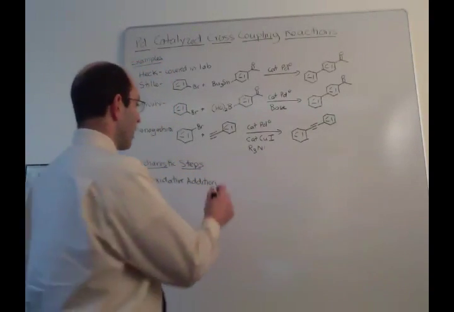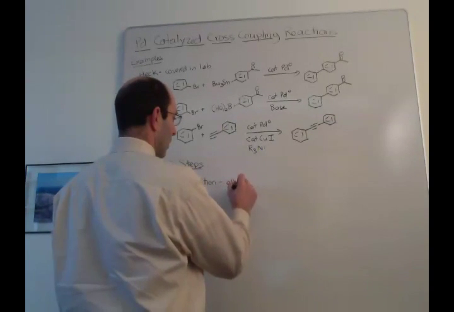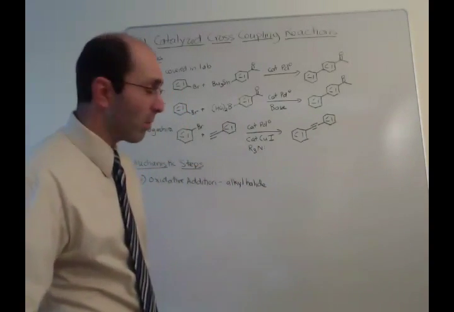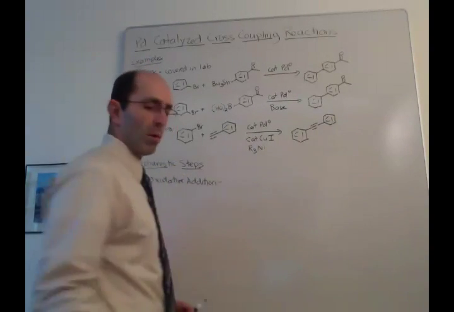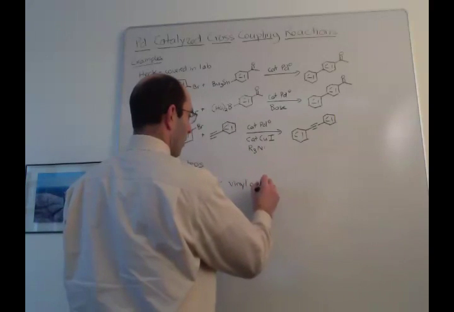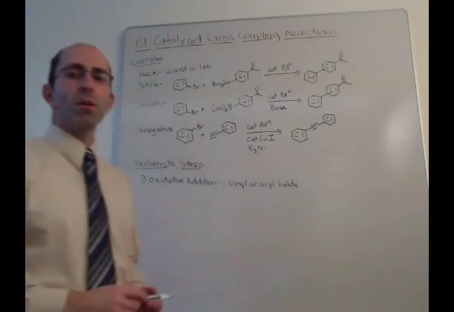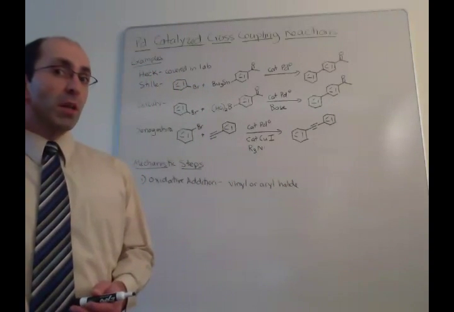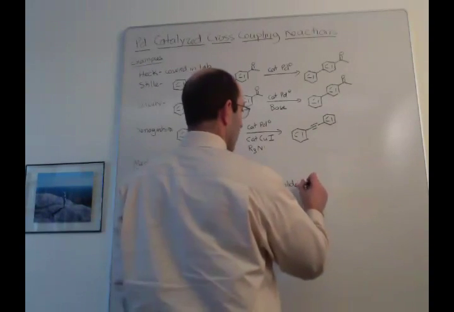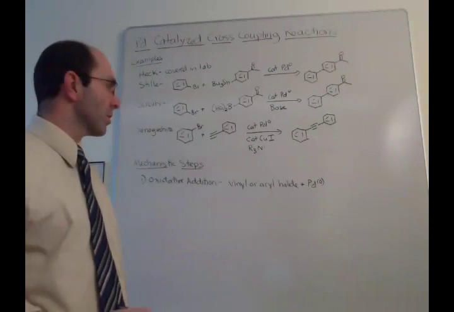So when we do an oxidative addition, it's going to be some sort of alkyl halide. Actually, alkyl is probably the wrong term. We want to make sure that we're clear on this, that it's going to be some sort of vinyl or aryl halide. Again, not alkyl. We're not going to make bonds to sp3 hybridized carbons. So a vinyl or aryl halide plus palladium 0. That's what we're going to start with.